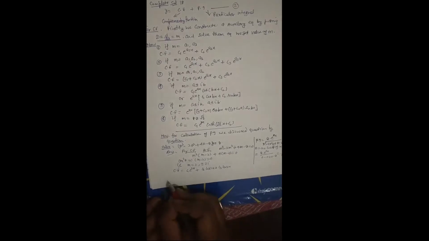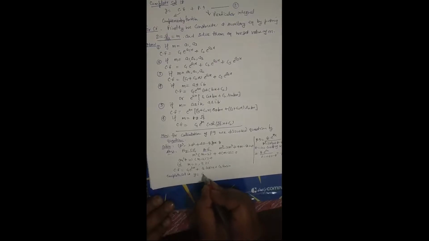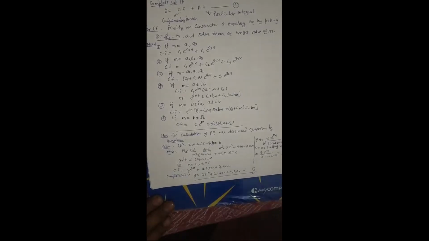The coefficient of x is 0. Then we get PI equal to 8 e^(0x) upon 0 minus 0 plus 0 minus 8, which is equal to minus 1. Then the complete solution y is equal to CF plus PI, that is y equals c1 e^(2x) plus c2 cos 2x plus c3 sin 2x minus 1.